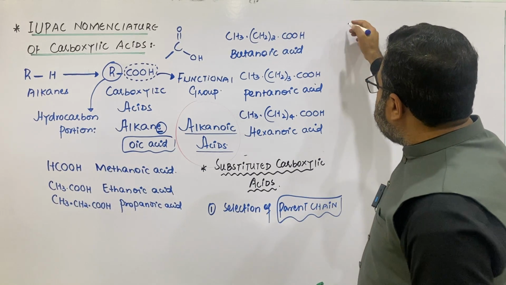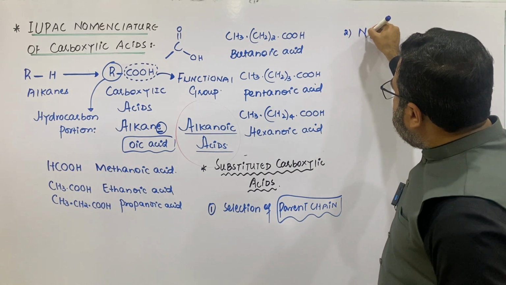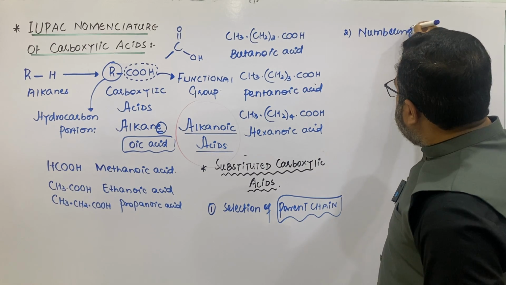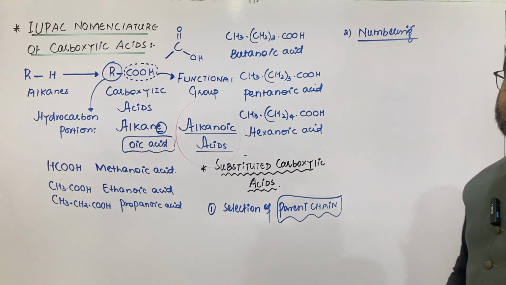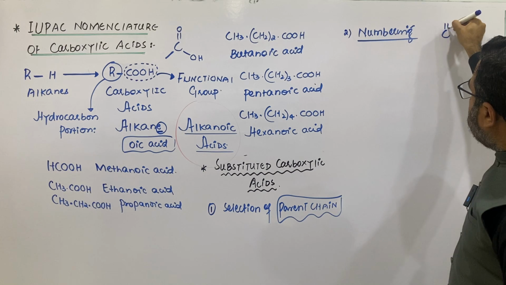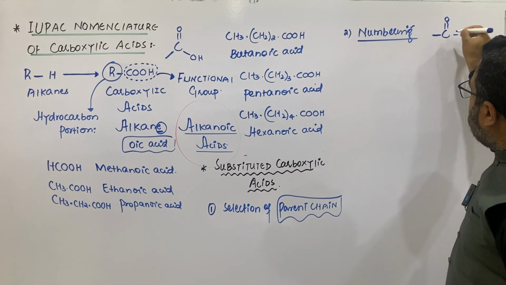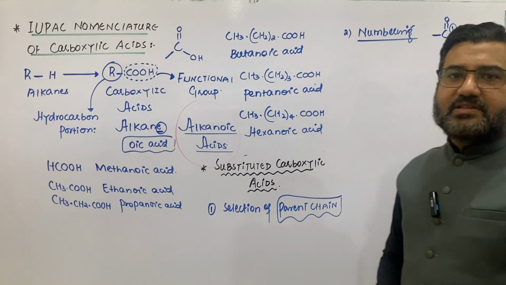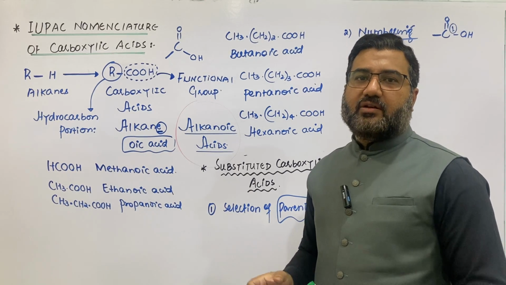After selecting the parent chain, the second step is to allot numbers to all carbons in the parent chain. In the case of carboxylic acid, remember this very important point: the carbon of the carboxyl group will always be the first carbon of the chain, because the carboxyl group is the functional group which is always present at the terminal of the chain.